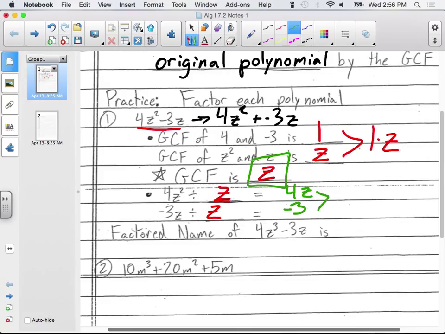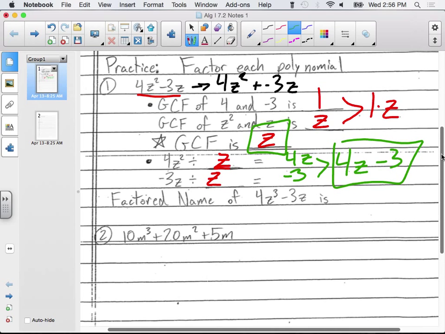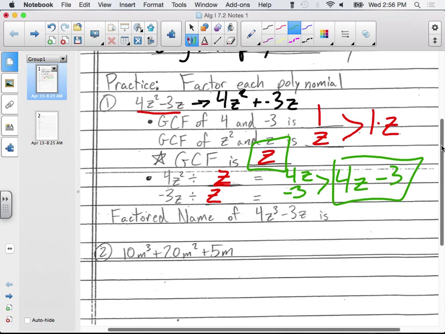What we're left with here is 4z minus 3, and that is the second factor that is going to be part of our answer. So right now we should have z and 4z minus 3 in boxes. Those are two factors of our original polynomial, 4z squared minus 3z. And the way we write the factored form of it is z times 4z minus 3.